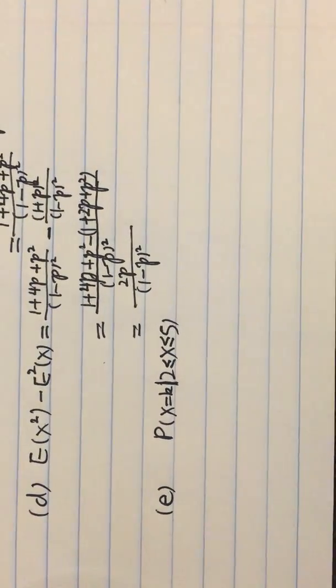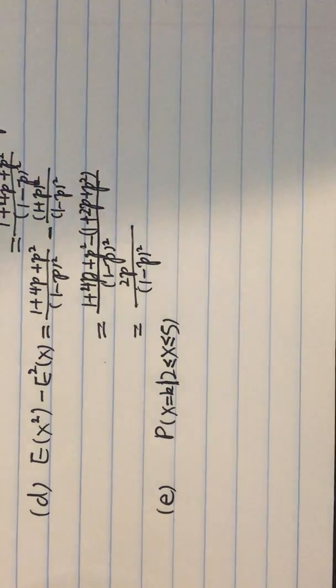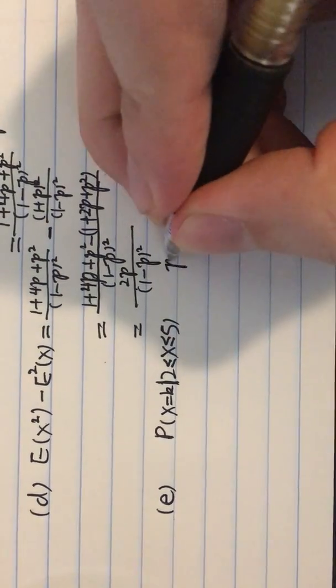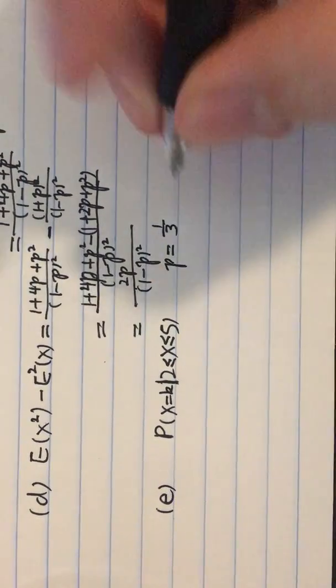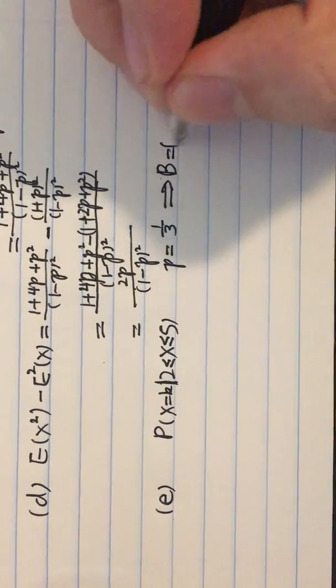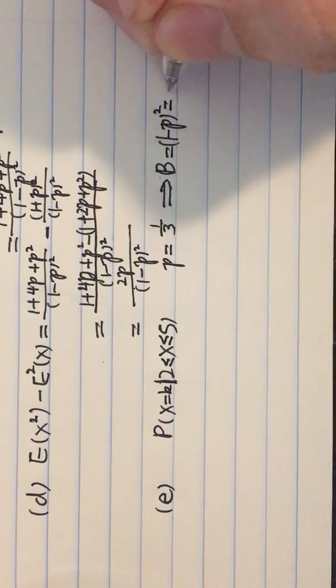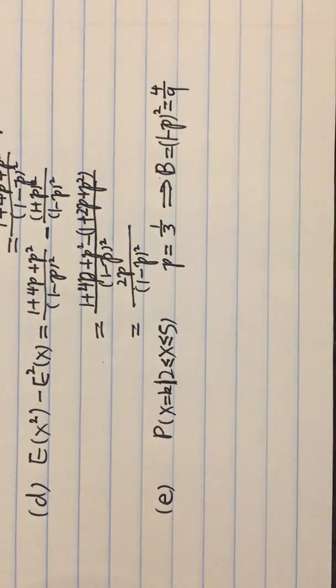And let's see how to solve this problem. First, we know that p equals 1 over 3. Then we get b equals 1 minus p to the power of 2, which equals 4/9, right?